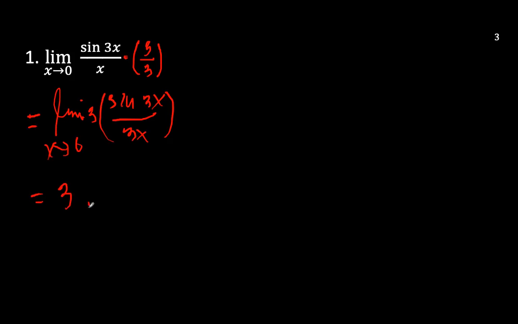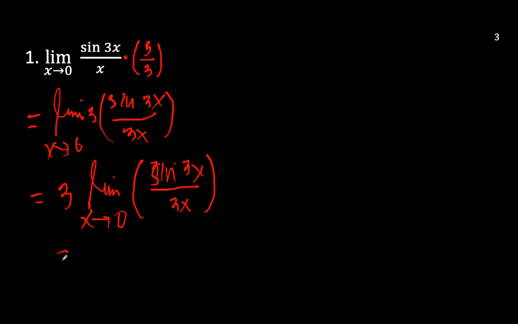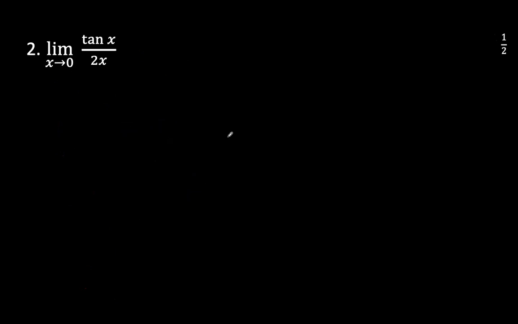This becomes 3 times the limit of sine 3x over 3x as x approaches 0. Based on theorem number 1, this is just equal to 1, which makes it equal to 3. Therefore, this is equal to 3. I hope we got the same answer.